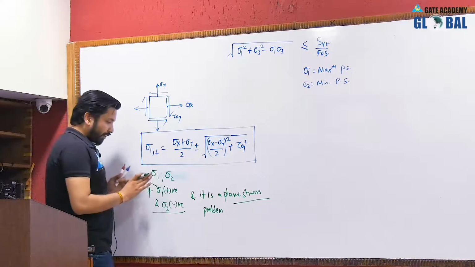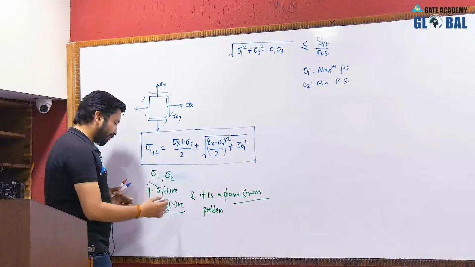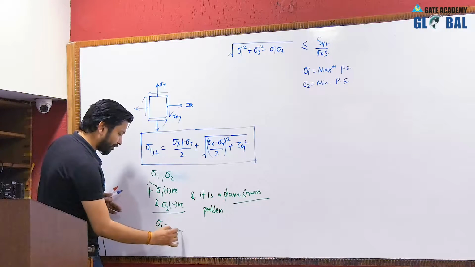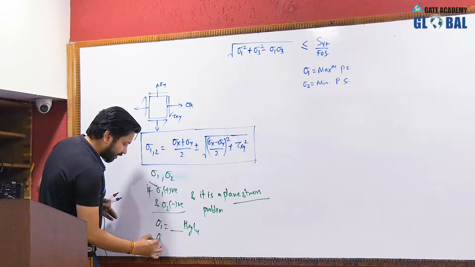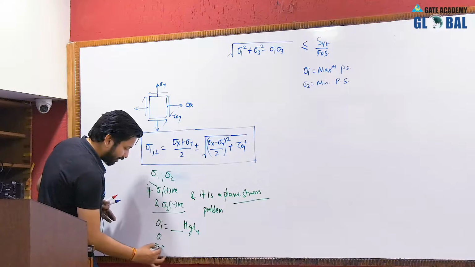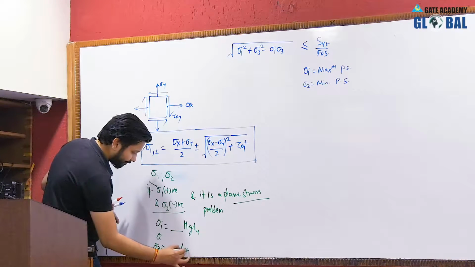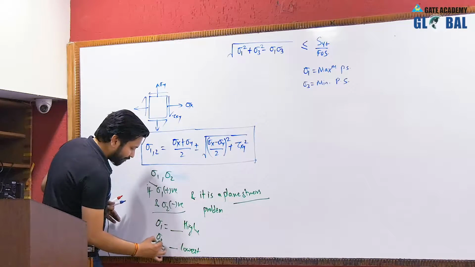Okay, so if you use the proper notations, then you will write it like this: sigma 1 will be your highest value, then sigma 3 will be the lowest value, that is the negative value, and sigma 2 will be 0.